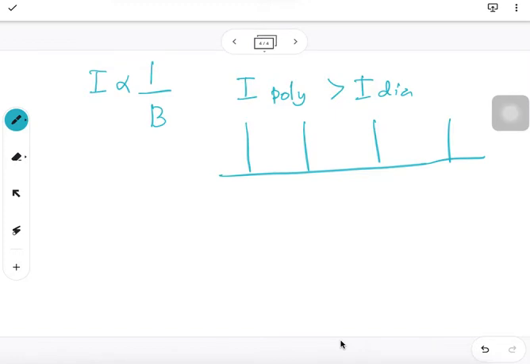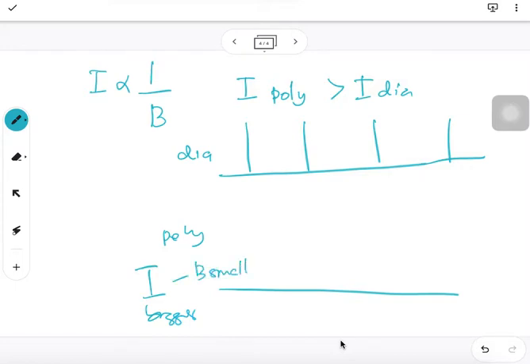But for a polyatomic molecule, since I is bigger, B is smaller. Therefore, the spacing between the lines will be much smaller due to the larger value of I. We remember that the distance between two lines is 2B, so the smaller the value of B, the smaller the distance between the lines.